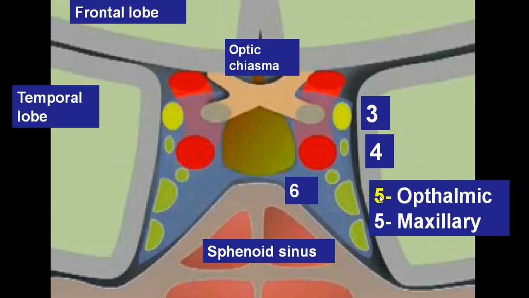The third, fourth, and the ophthalmic and maxillary divisions of the fifth will be running in this cavernous sinus, and also the sixth cranial nerve. The frontal lobe will be above the cavernous sinus.